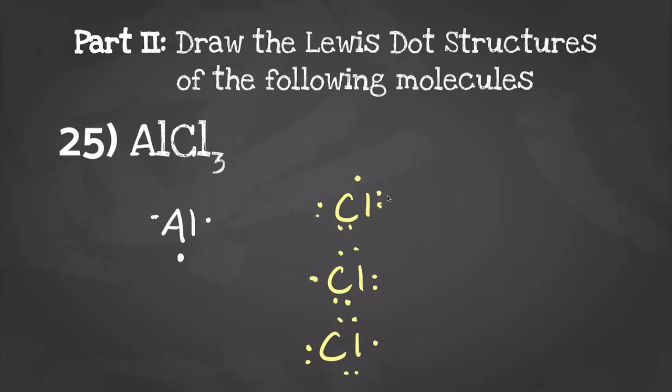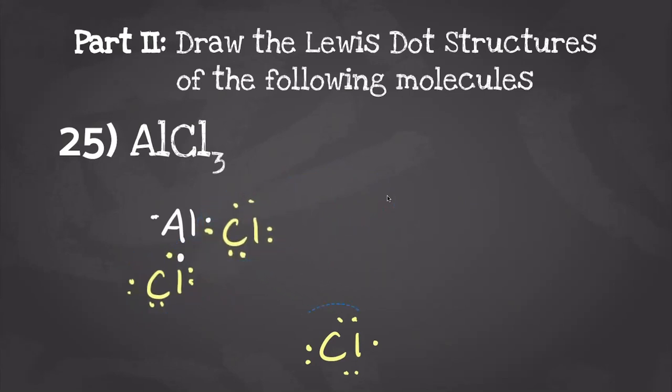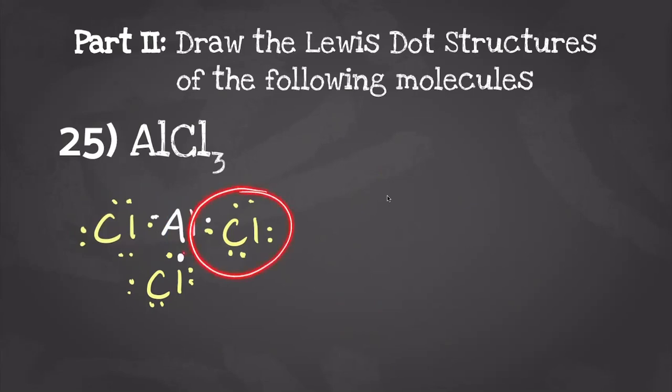So when I move my pieces around, each chlorine is going to have 8 valence electrons, but aluminum is only going to have 6. And it's going to be perfectly happy like that.